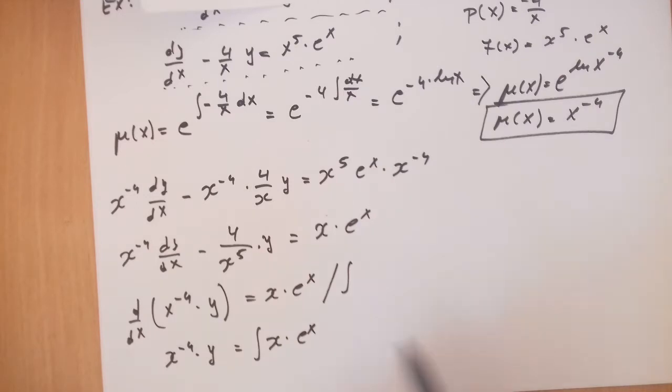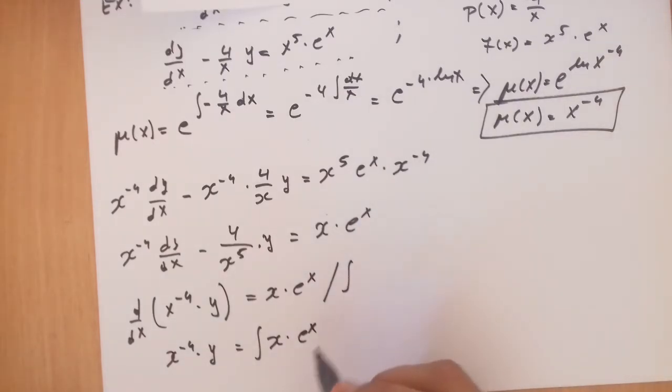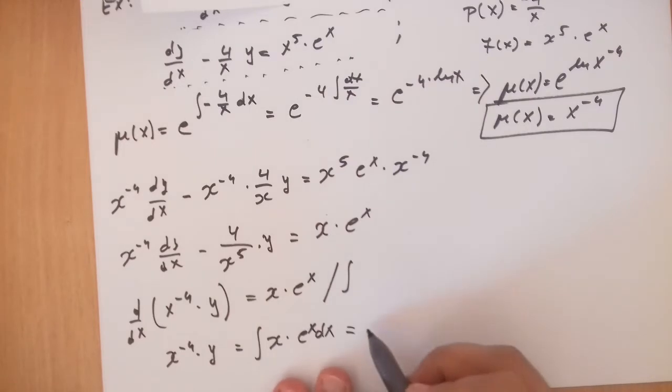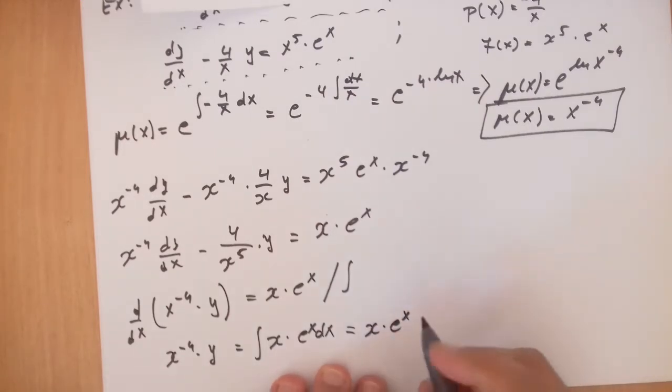So you take x as u and e to the x dx equal to dv, or you have to change them. It depends. So now this integral is x times e to the x minus e to the x.